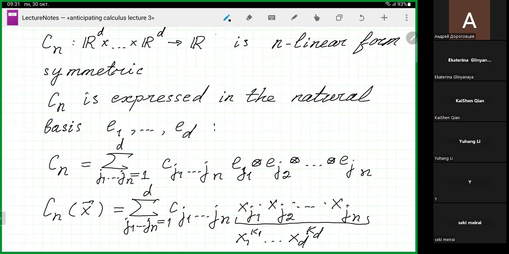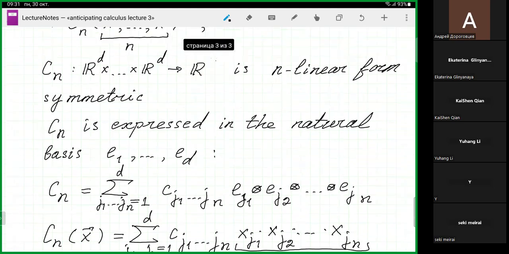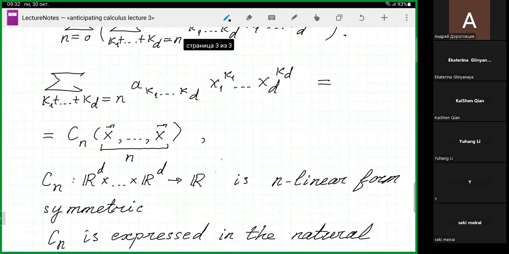So you see that we can have the representation of the previous sum in a very nice form, which is more suitable and more convenient because it is a natural generalization of just power in the one-dimensional case.